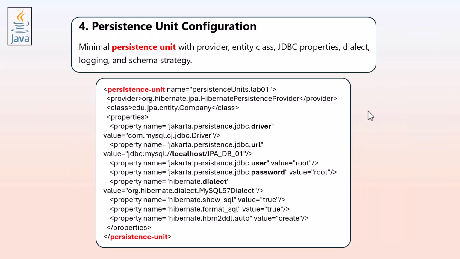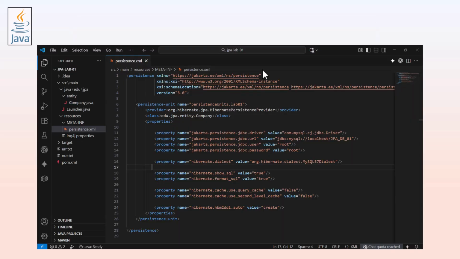4. Persistence unit configuration. The persistence unit sets the provider to Hibernate and specifies the fully qualified name of the entity class it manages. It provides the database driver, URL, user, and password. The dialect matches the target database to generate appropriate SQL.